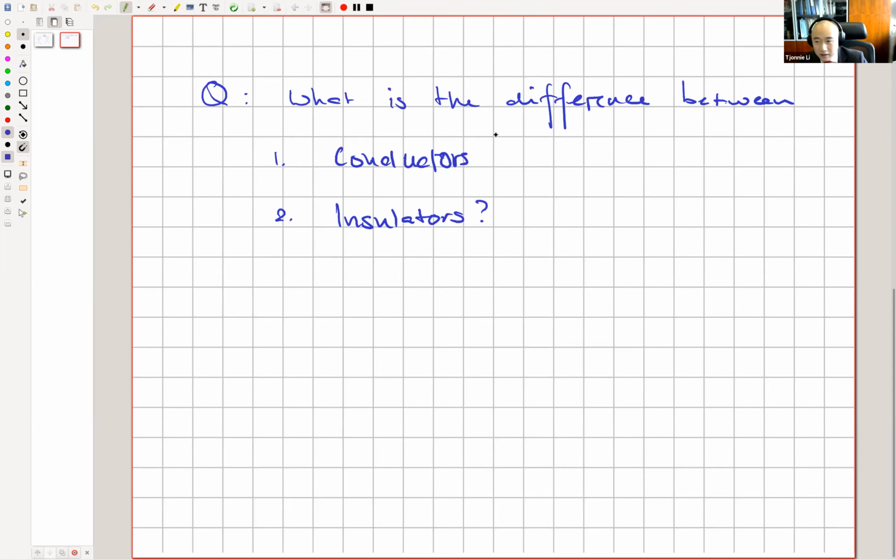So, any ideas? What is the macroscopic, or behavioral, difference between conductors and insulators?